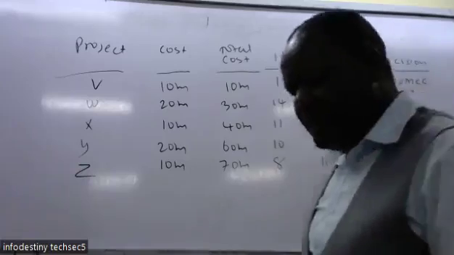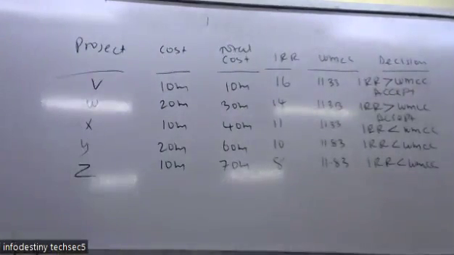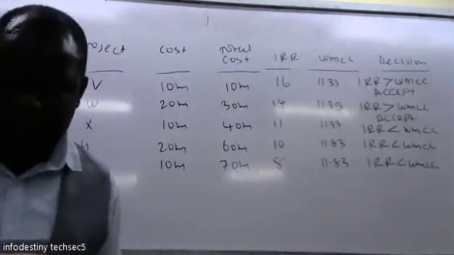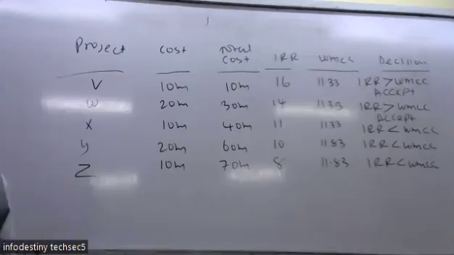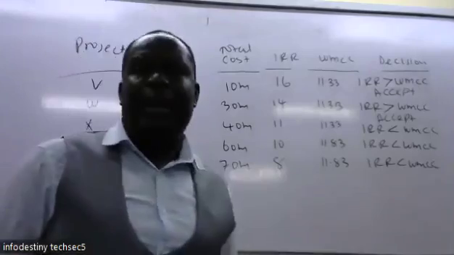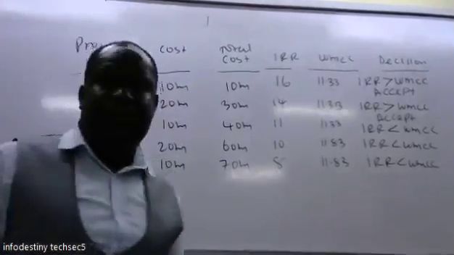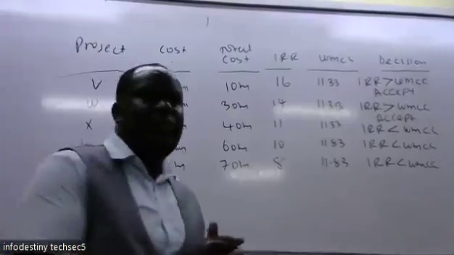But still, in that Roman numeral 3, after they had said to advise on which project to accept and reject, also determine what? Optimal capital budget. So let us write something brief about the optimal capital budget.